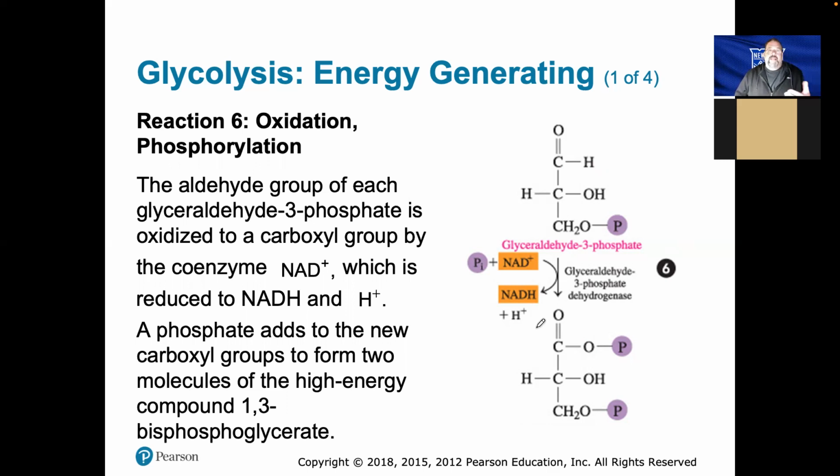So remember, NAD+ catalyzes the formation of carbon to oxygen double bonds, sort of oxidation reactions. So the conversion of an aldehyde to a carboxylic acid is oxidation, okay? And NAD+ adds into that process. And then essentially the OH, the H portion of the carboxyl group is replaced by a phosphate group.